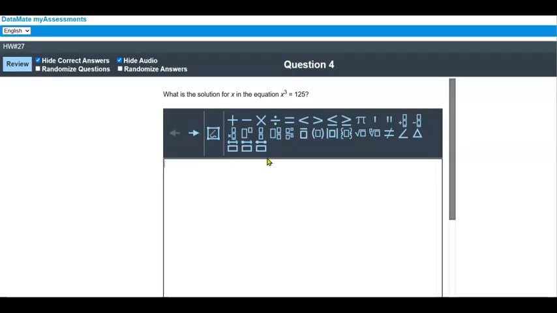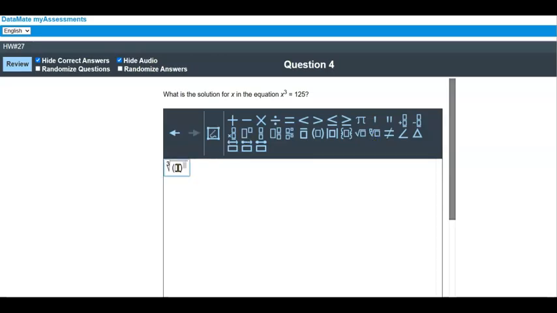If we know that we want to take the cube root, we might want to use this character here, where it gives us a field where we can type a 3 outside, and then underneath we want x to the power of 3. So I'm actually going to use the exponent button, which is right over here. First I use this cube root button, and then I'm going to use this power button.